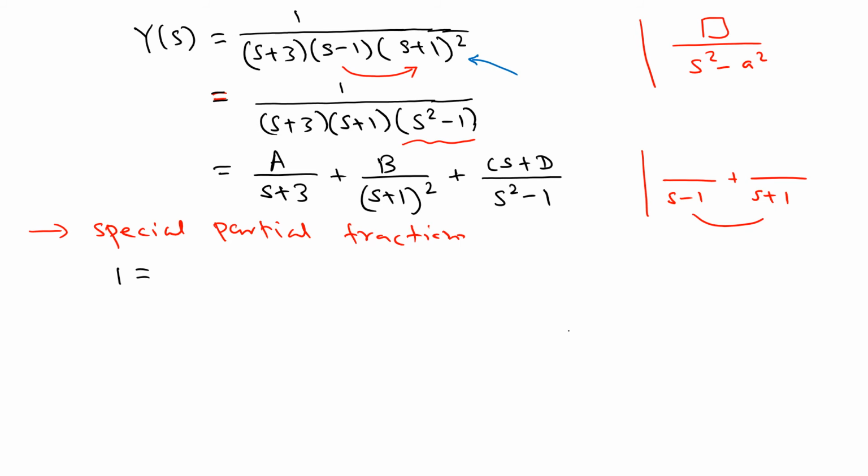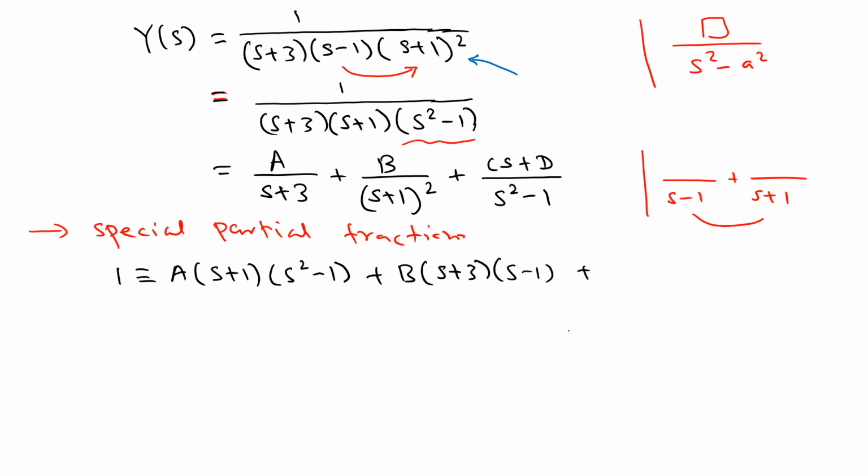The form is 1 identical to: from the first one you get A times the missing terms. Looking at the common denominator, s plus 1 is missing, and s squared minus 1 is missing. For B, s plus 3 and s minus 1 are missing.